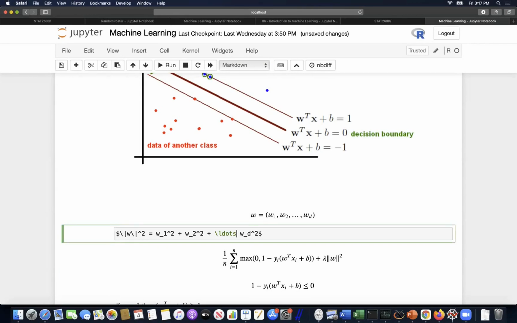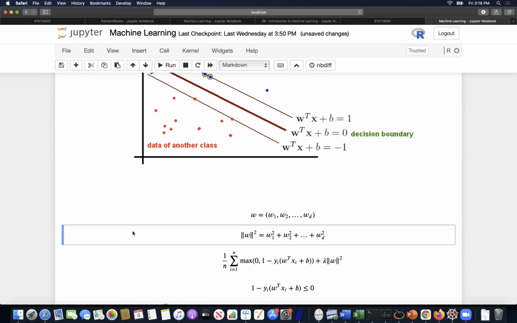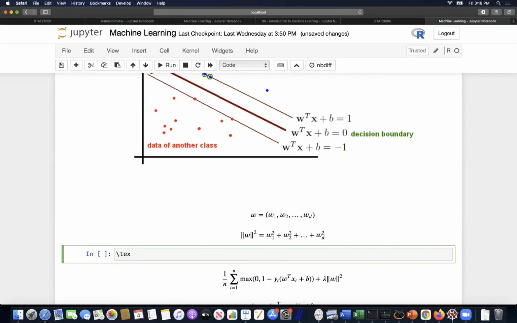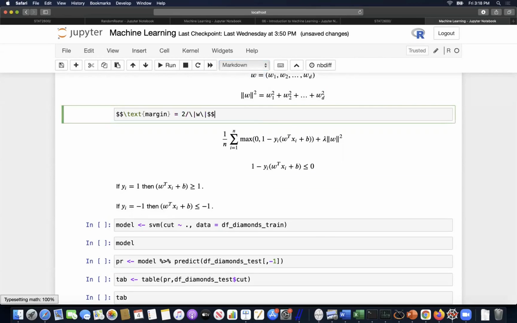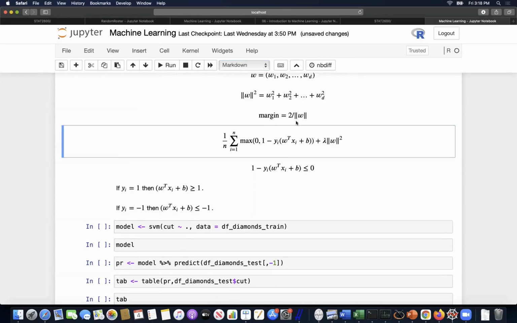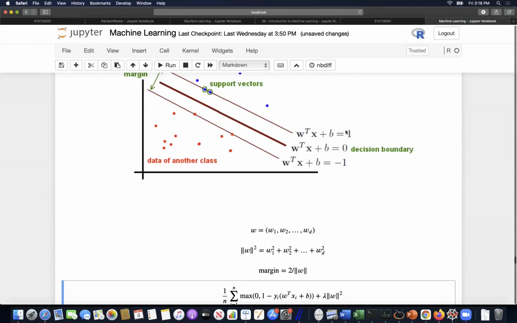It's the norm squared. So the formula that you see here is just this. And there is a plus here. And this margin that you have up there, the margin is 2 over the norm of W. So that's your margin. 2 is coming from this being 1 and this being -1, which gives you 2.